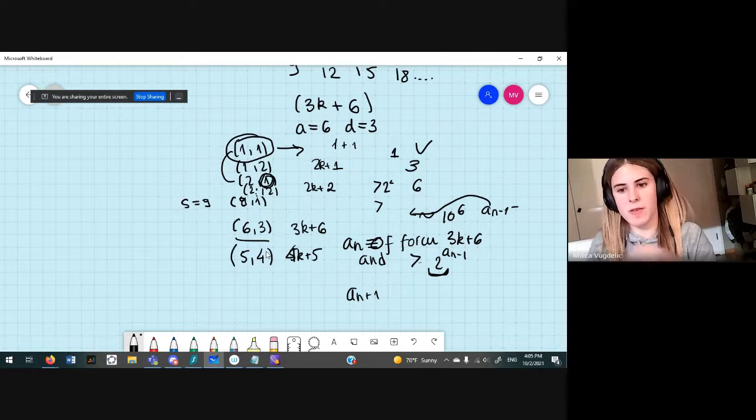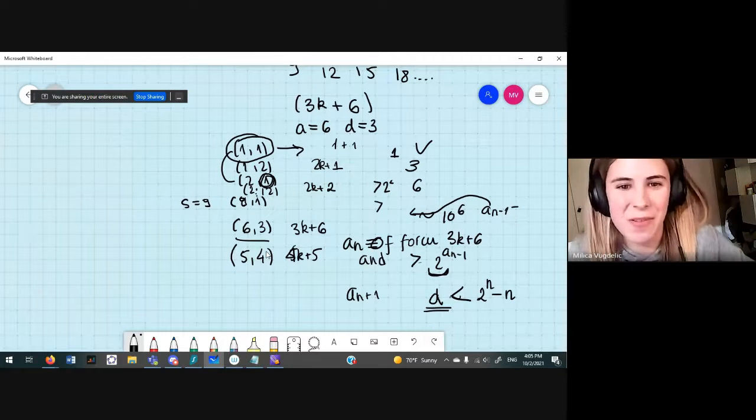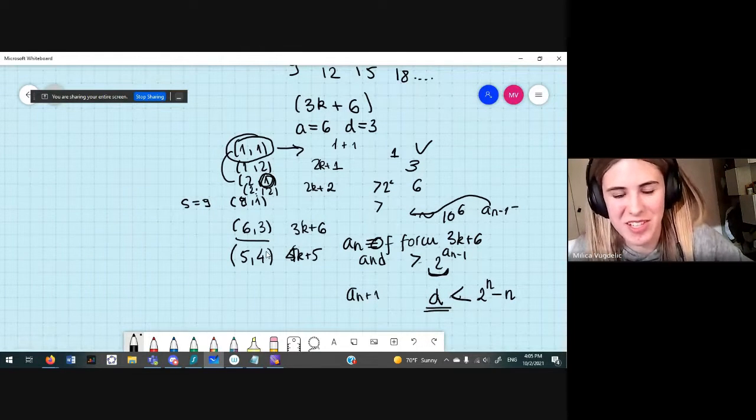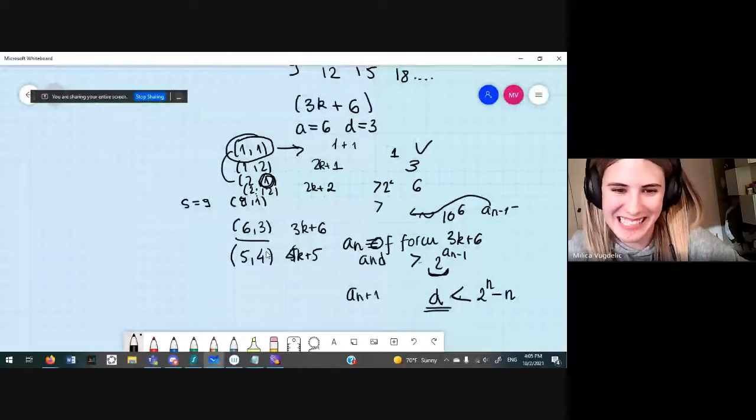If the difference were d, then the difference between some consecutive ones is always at least 2 to the n minus n for some large n, and that would be greater than this d. Sorry if I'm not being clear with the scratchiness and everything.